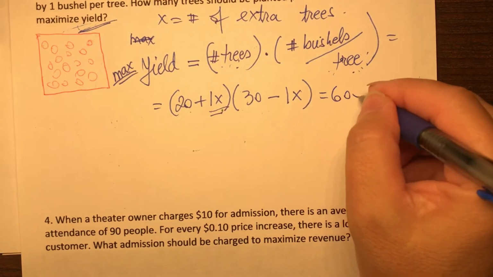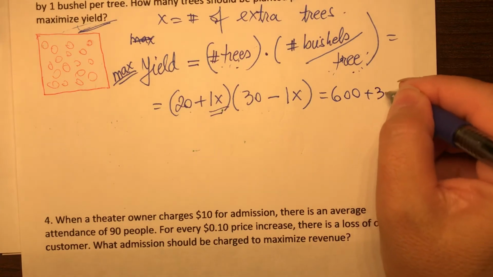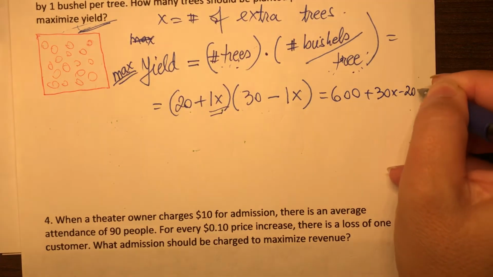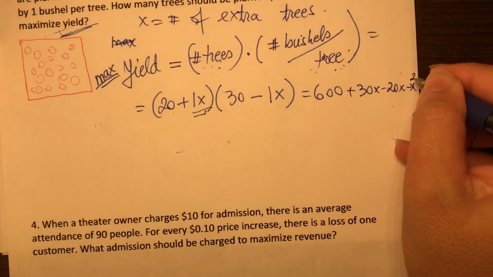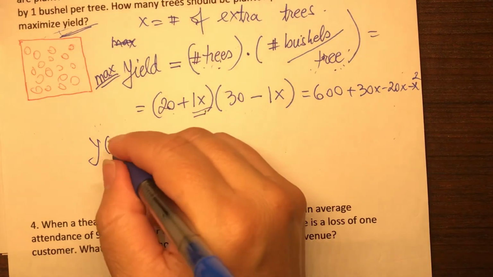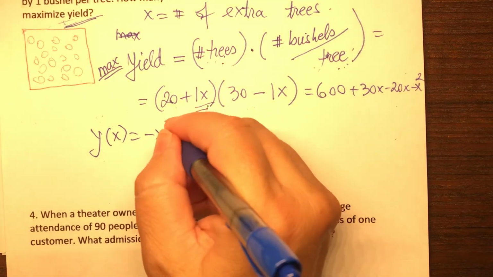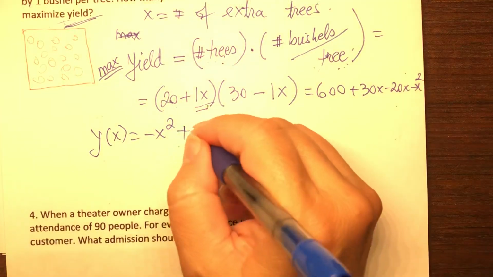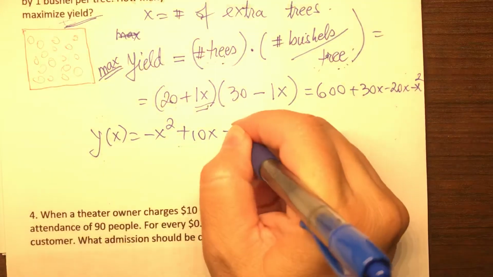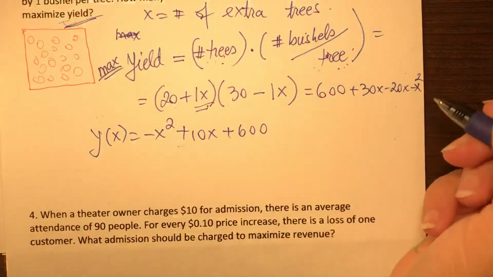So again, distribute, super easy. So the yield, combine like terms, it's going to get you a negative x squared plus 10x plus 600. Okay.